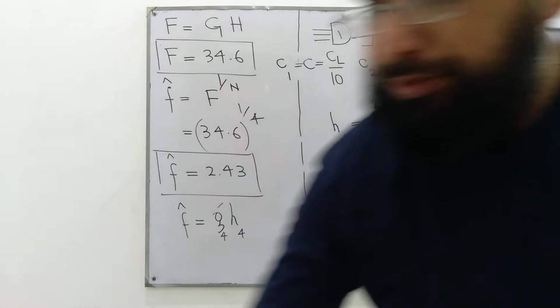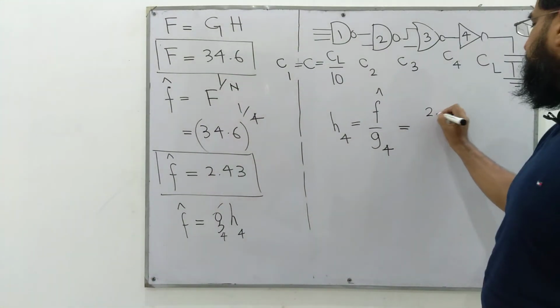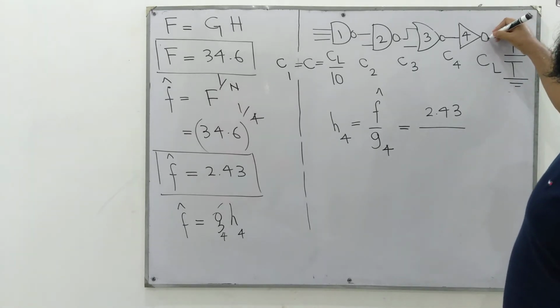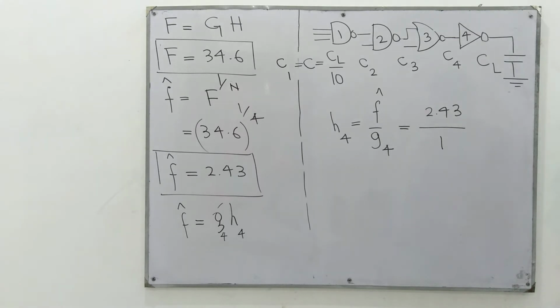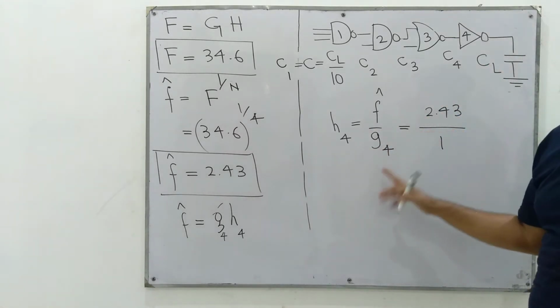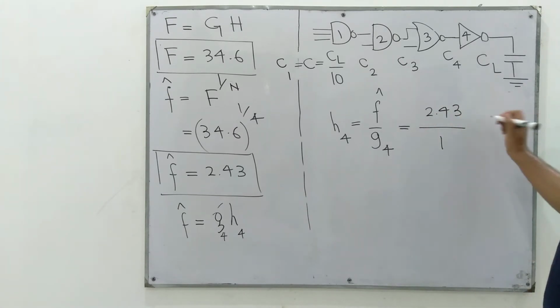F is 2.43 over G4. What was G4? G4 was R plus 1 over R plus 1. It's 1. We have just computed in the long expression that we wrote for capital G. The last item in that expression is G4. You can go back and verify it's 1.